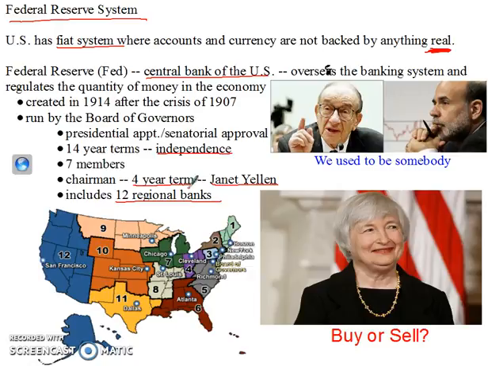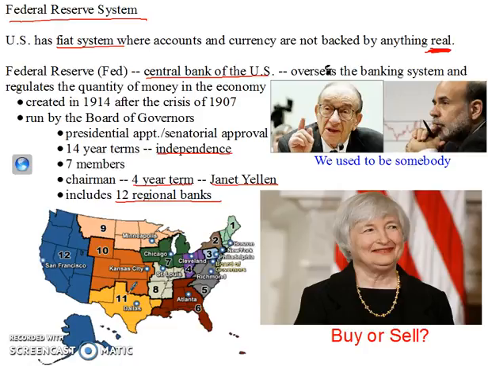She serves a 4-year term within her 14-year term on the Board of Governors, and the Board of Governors oversees this Federal Reserve System, and there are 12 regional banks that are all under this system. So the Reserve Banks of Chicago, Cleveland, Philadelphia, Richmond, Atlanta, they all have responsibilities over different regions, and they help the Federal Reserve System to carry out various different policies.